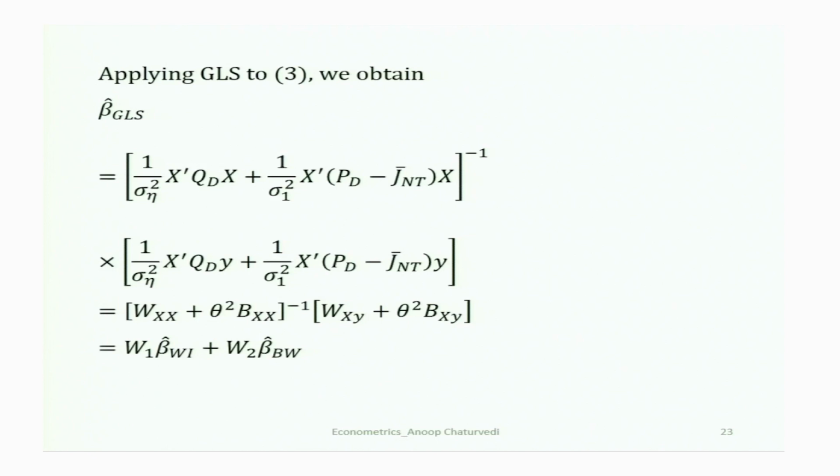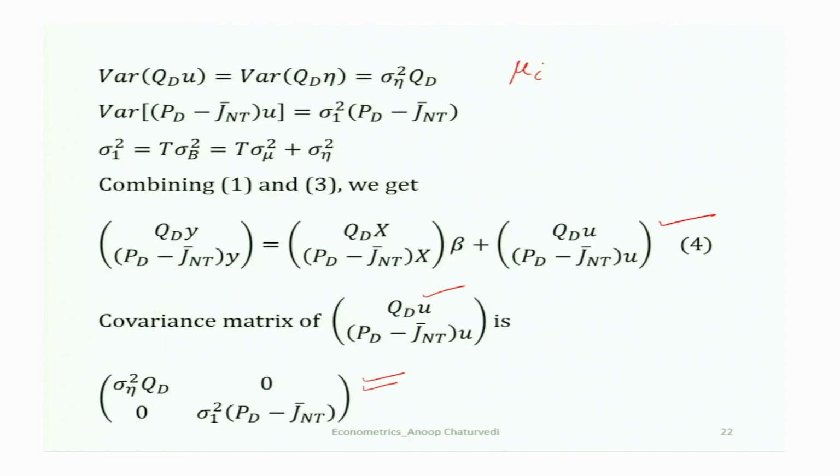Now, you can apply the GLS procedure. Say you have this model 4, and you know the variance covariance matrix of the disturbance term, which is equal to this.